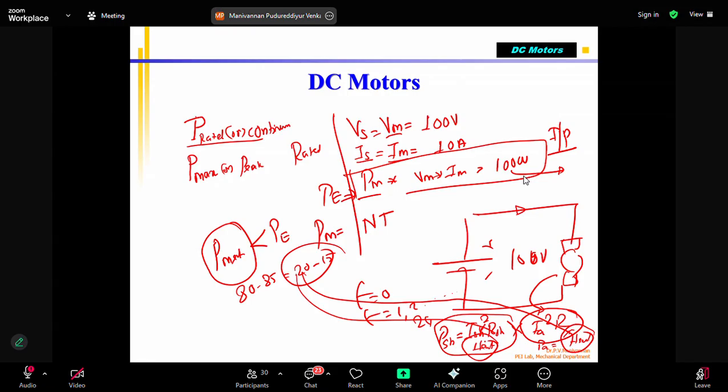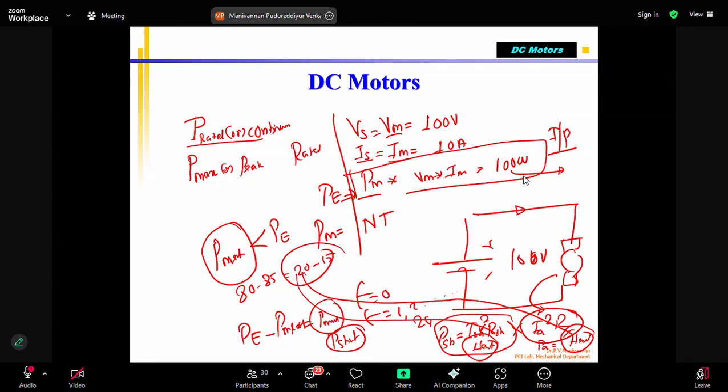So the air is going, and that also creates some resistance to the motion, correct? It opposes the motion of the rotating armature, along with the bearing friction. All these things come under mechanical losses. I say P mechanical losses. So P electrical minus P mechanical losses will be equal to P mechanical energy, which we call the P shaft power, which will be around 80, 75, depending on how good your design is, with friction and all those things reduced.